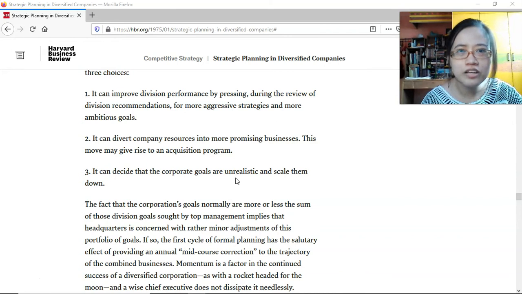Diba? Para in a way, hindi siya maganda kasi, overall for the business or the corporation. Hindi kasi siya nakakatulong, sa totoo lang. But, syempre, I don't know, kasi nga merong reward system for the division level. So, siguro, they could find a way to balance that.